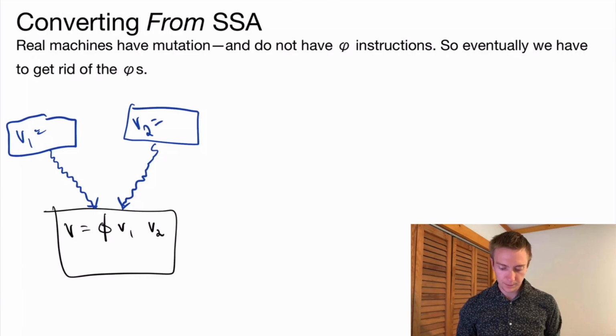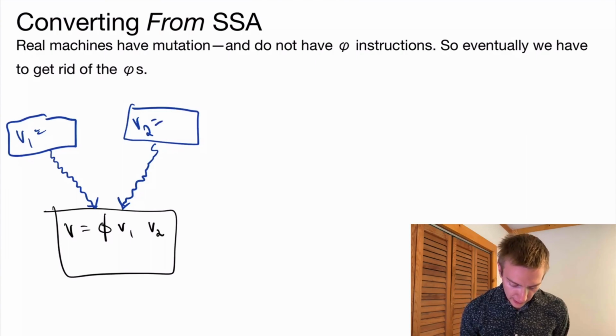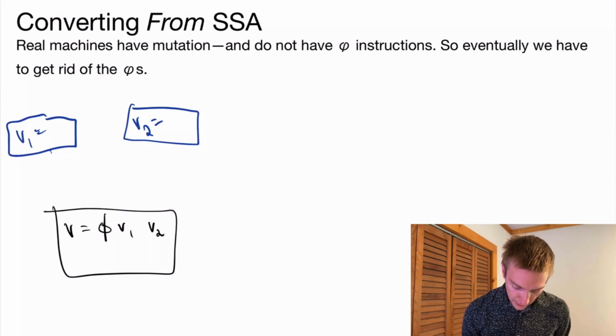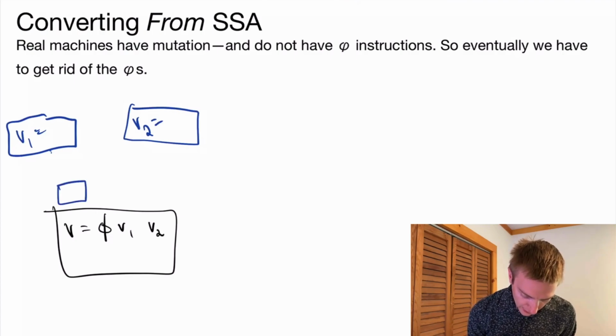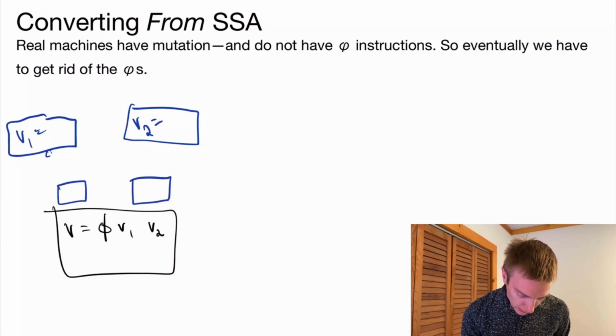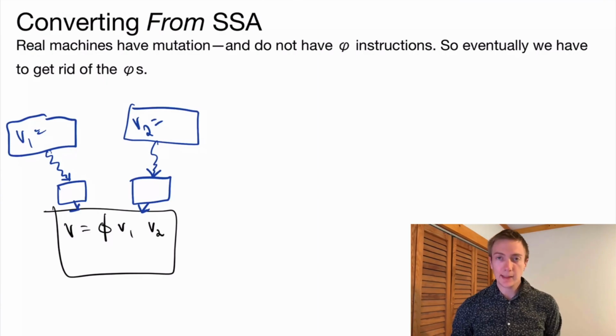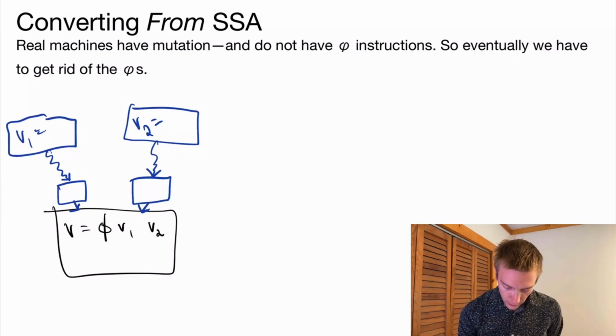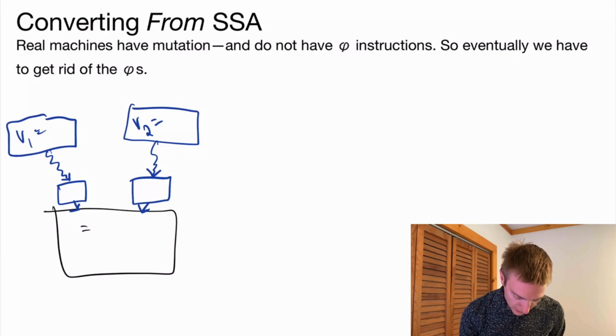The rough idea behind eliminating phi nodes is to invent new blocks that go along these paths. So invent a new block here that is the immediate predecessor along this path. And here's a straight edge to say you jump directly to this block. Then all you do is you erase this phi instruction and you just say that v gets assigned to v1.